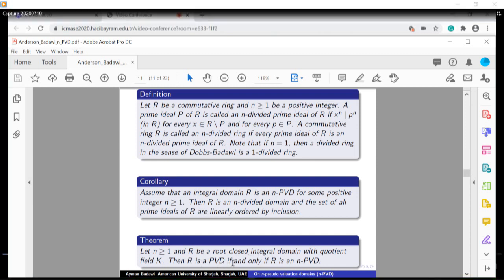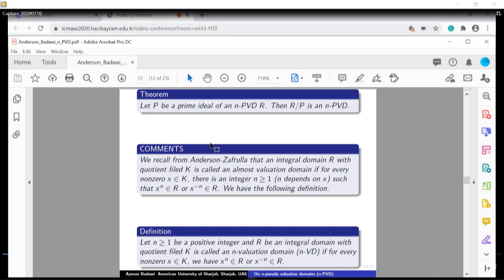So R is a pseudo-valuation domain if and only if R is n-pseudo-valuation domain. That should be clear, it's no big deal. But if your ring is root closed, then 3-pseudo, 4-pseudo, 5-pseudo are nothing but pseudo-valuation domain.